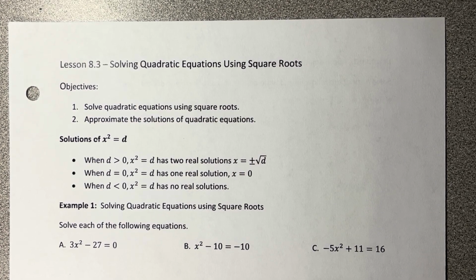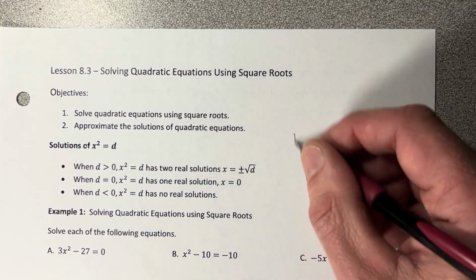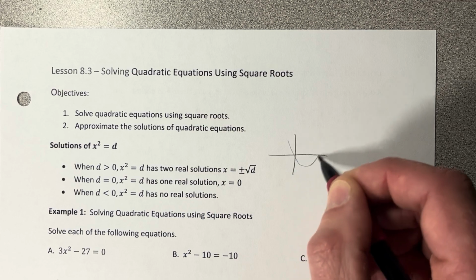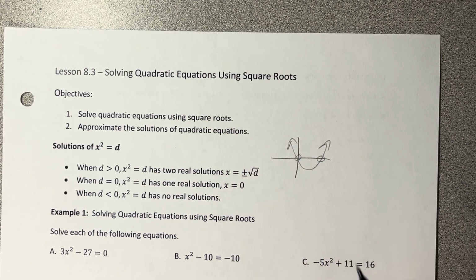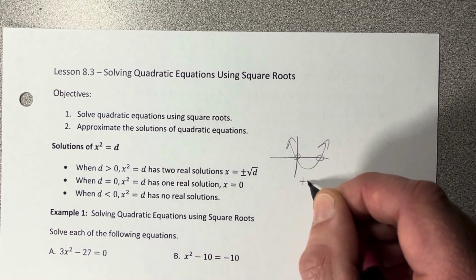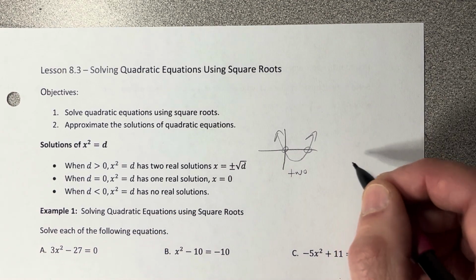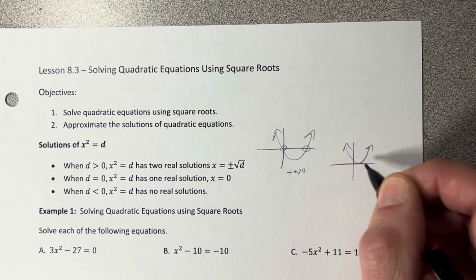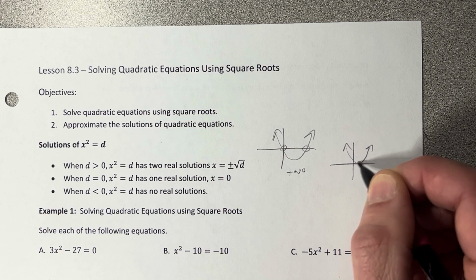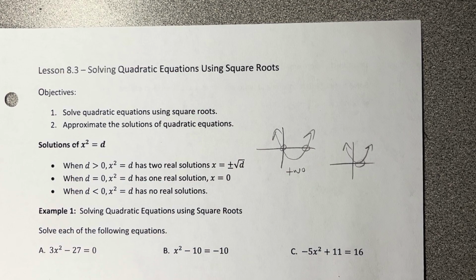I like to think of these graphically. If you have a quadratic, a lot of times it'll hit the x-axis twice, and you'll get two solutions. So we have to make sure we get two solutions. But sometimes you'll get one solution, but what's really happening is you're getting that one solution twice.